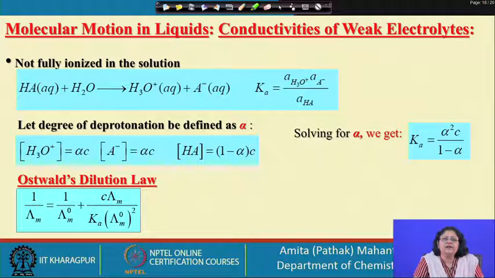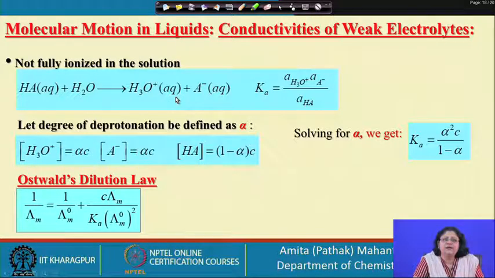So, this is another form which I have written. Why I have written the expression again is to help you understand more clearly. This is how the dissociation was taking place.